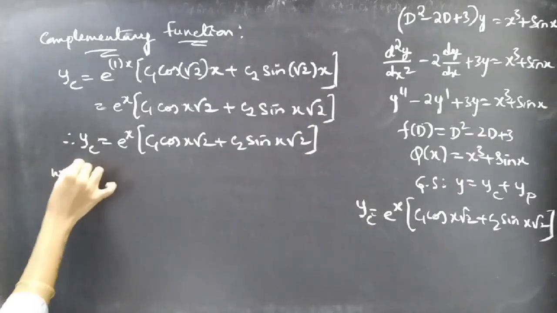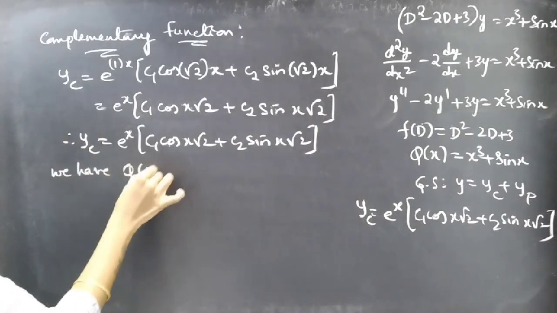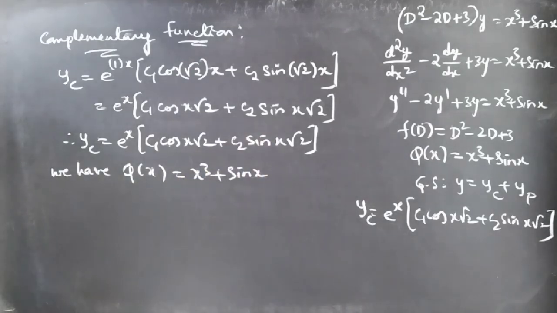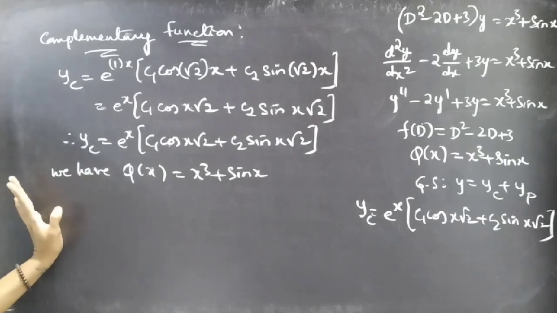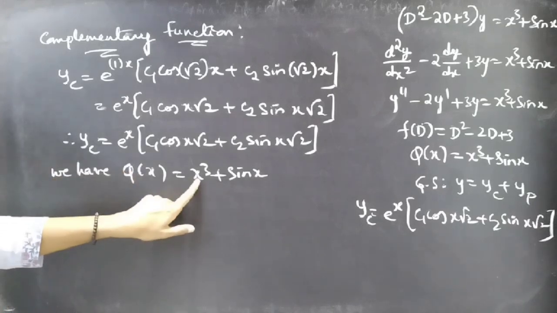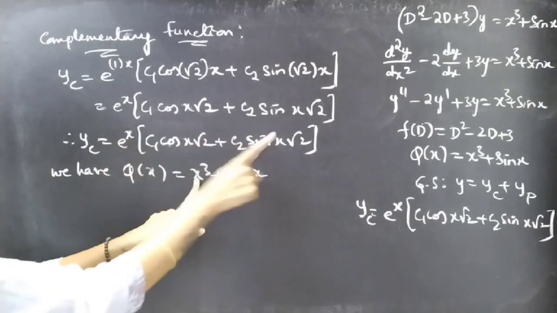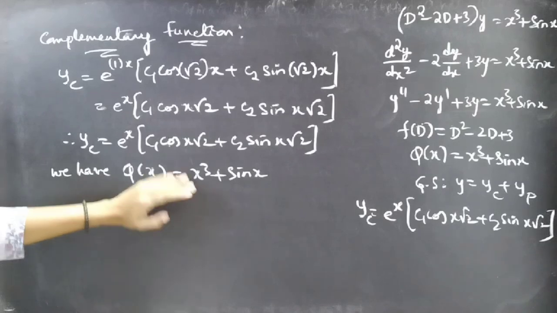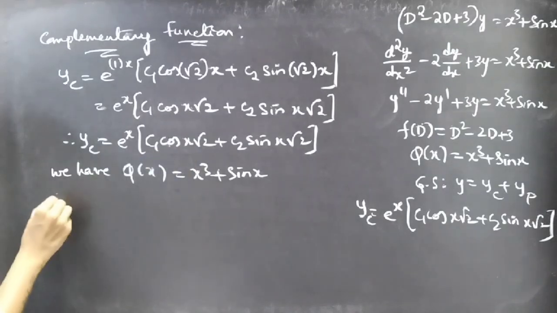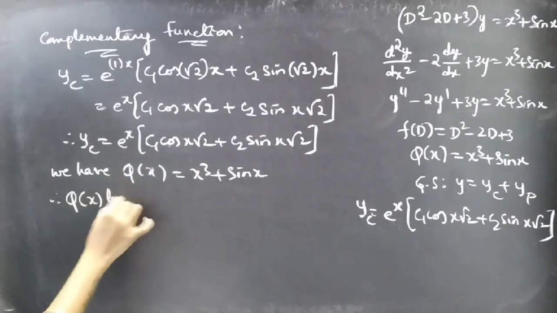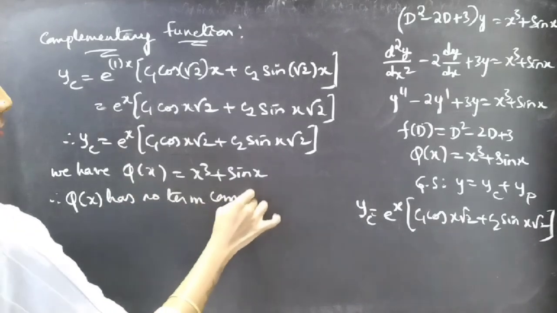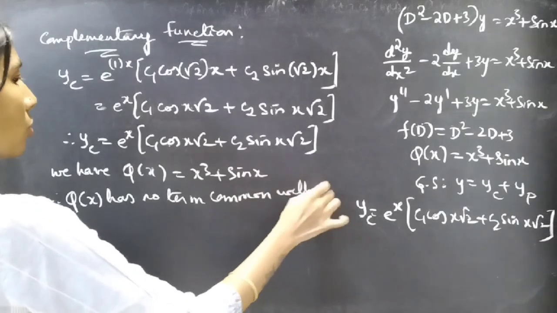And we have Q(x) = x³ + sin x. Now, compare the functions of Q(x) and functions of yc. Here you have x³, you don't have any x³ in this yc, and you have sin x, you don't have any sin x. So by comparing Q(x) and yc, we can say that Q(x) has no term common with yc.